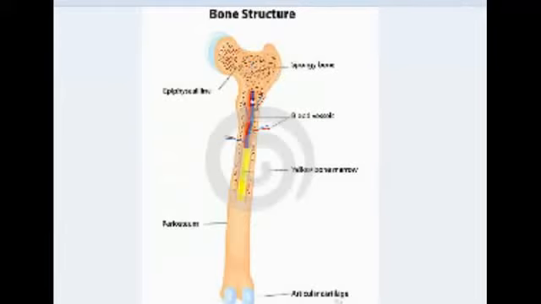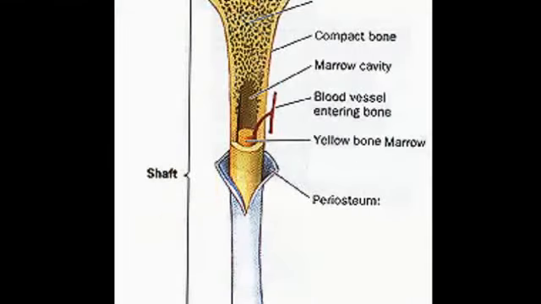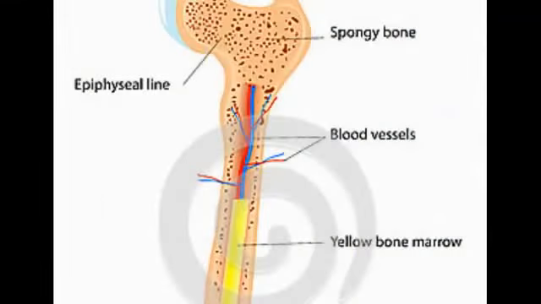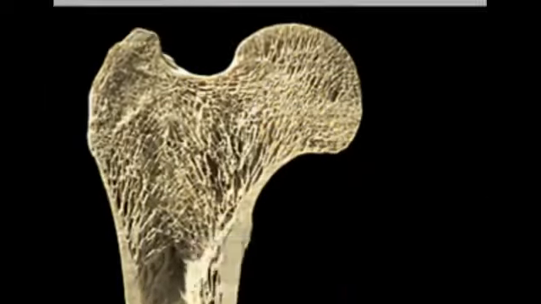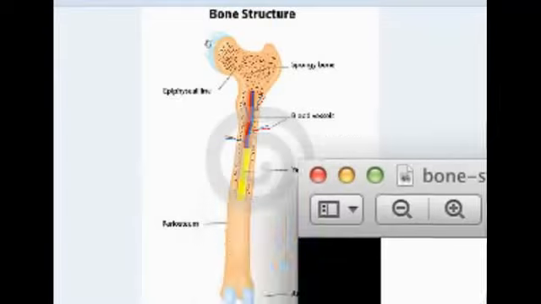Okay, this is a long bone, like your hip bone. It consists of two endings, and they are called epiphyses. The end of each ending has cartilage.